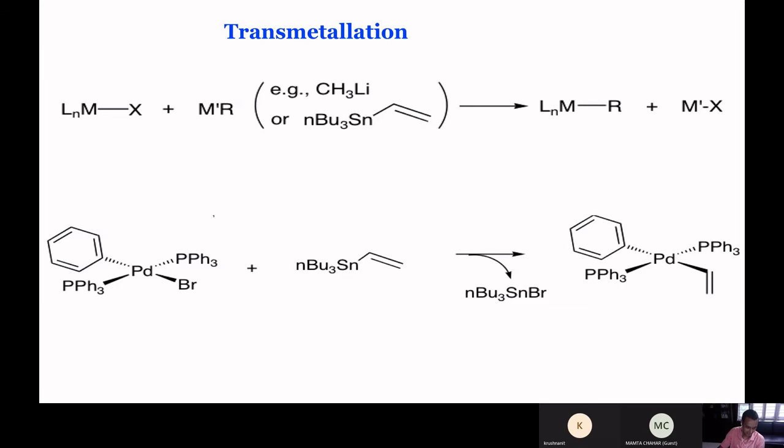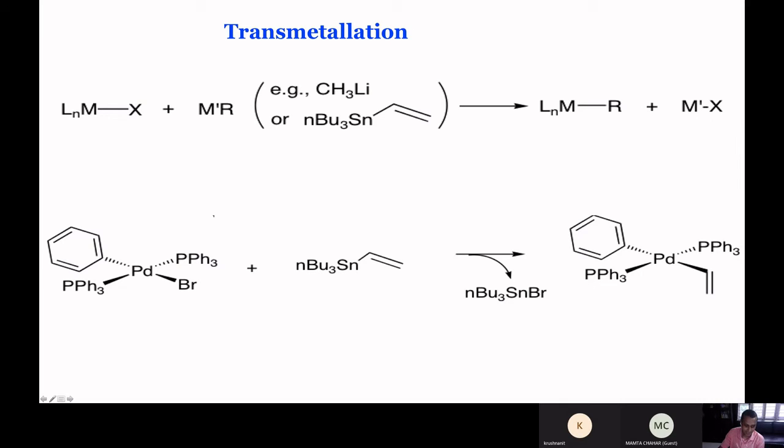Let's take an example first. You have a metal complex with palladium. Two phosphine ligands are there, right? And oxidatively added bromobenzene is there. The benzene ring and palladium inserted into the bromobenzene carbon-Br bond. And these two phosphine ligands are there.